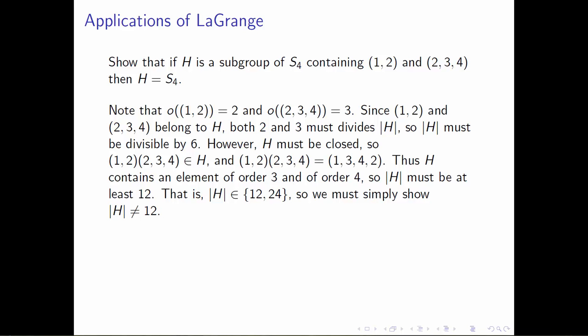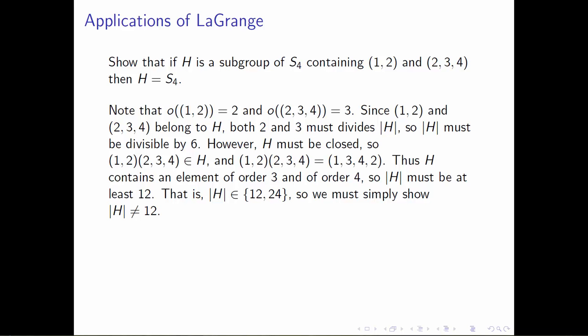But in fact, H itself is a subgroup of S4, and so the order of H has to divide the order of S4, which is 24. So the order of H is a multiple of 12, and it divides 24. We conclude that the order of H is either 12 or 24. And if we want to conclude that H is all of S4, we just have to argue the order of H cannot be 12. So that's the last thing we have to do here.